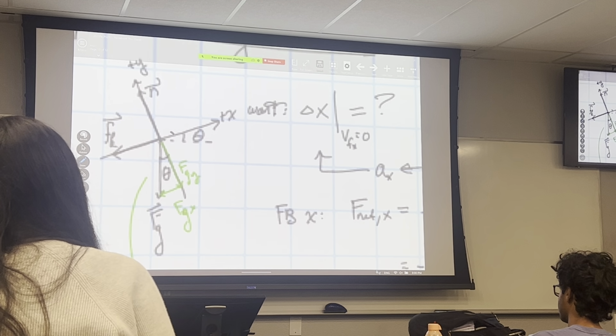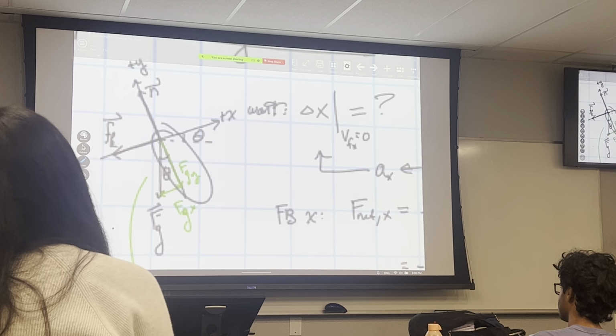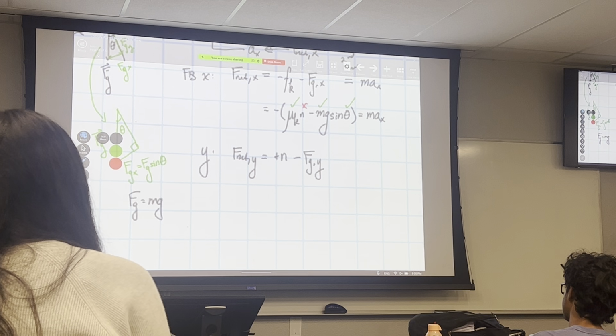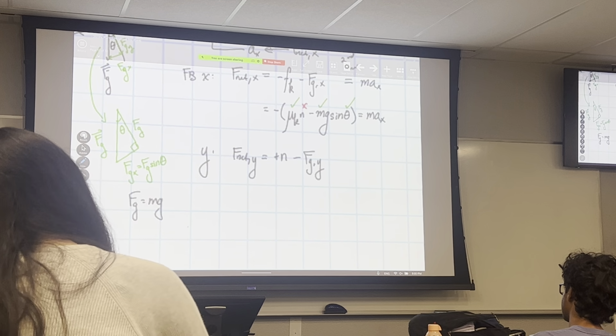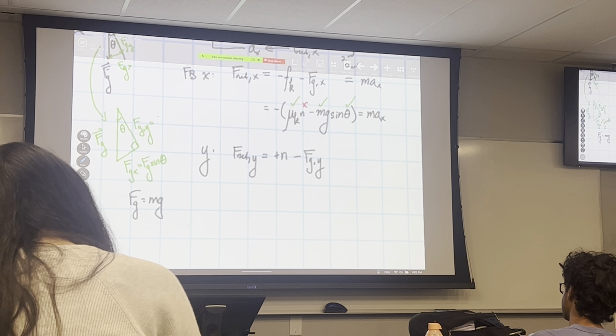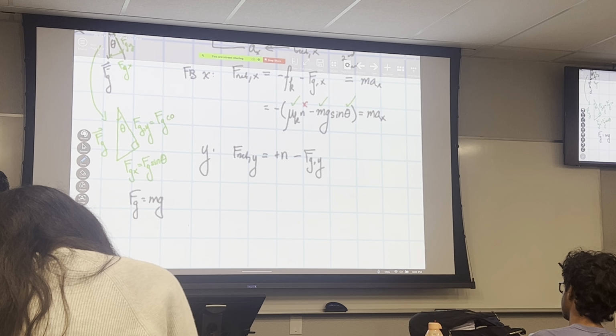Yes, we do. We have the y component of the force of gravity, and that's acting down. So it's minus Fg, except it's in the y direction. And so here in our force of gravity vectorization, Fg in the y direction is Fg cosine of theta.